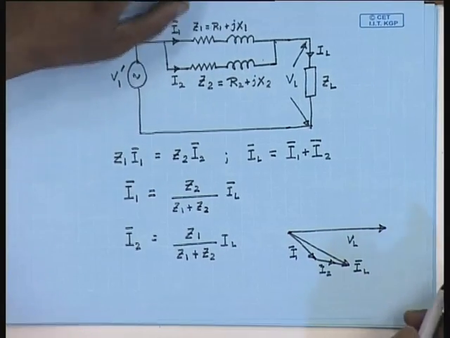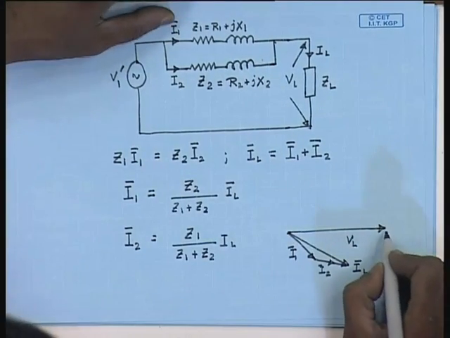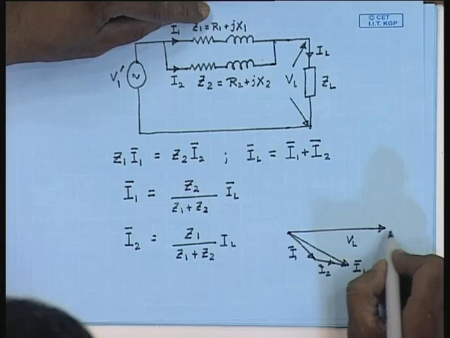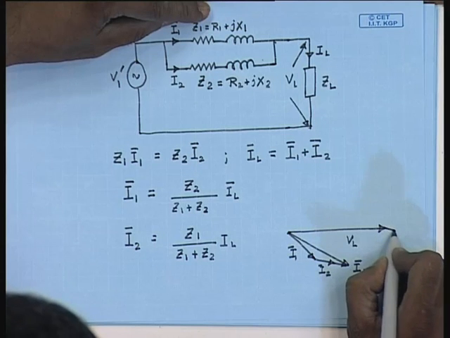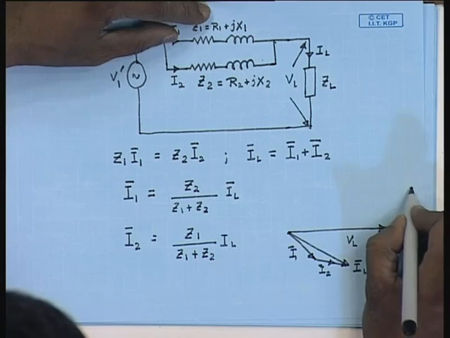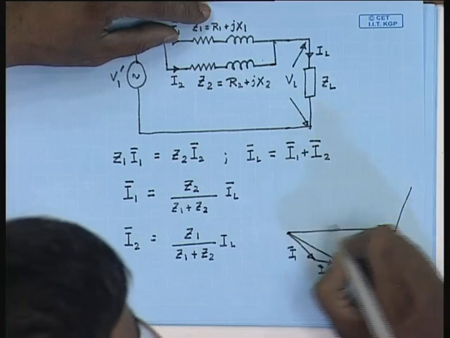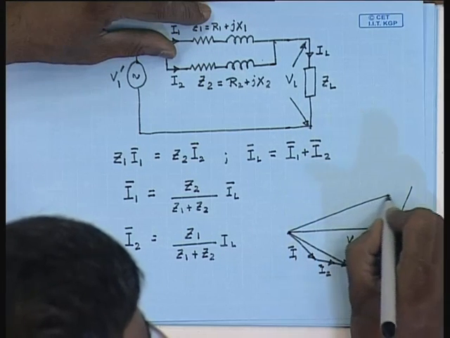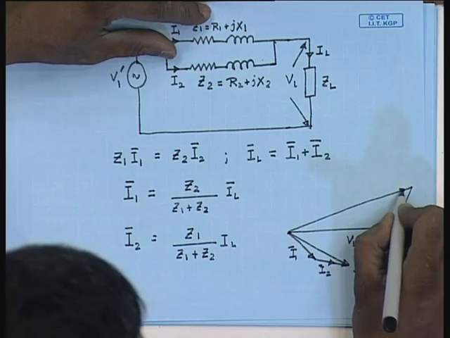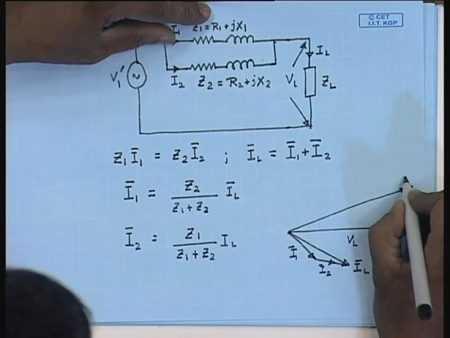Then from this equivalent circuit we can show this is V1 dash.